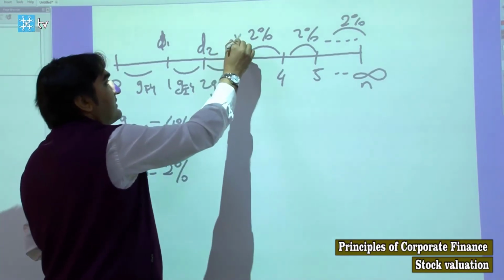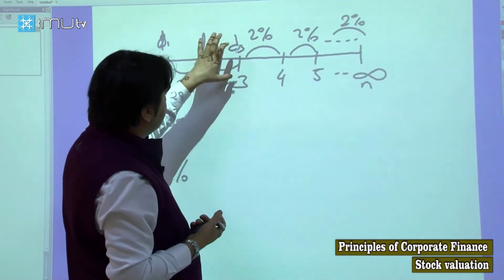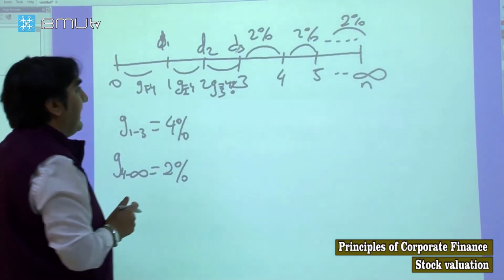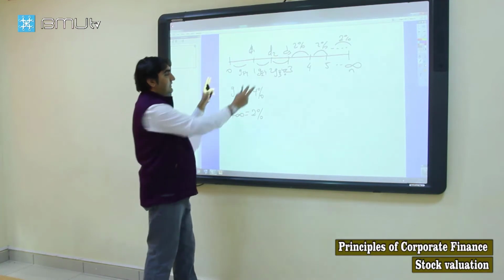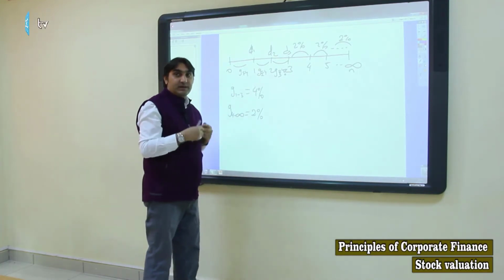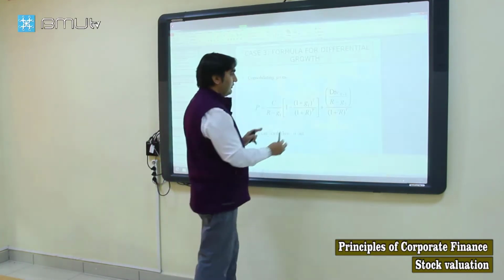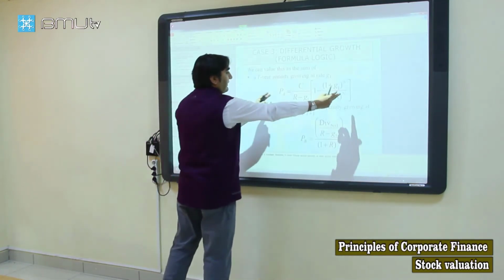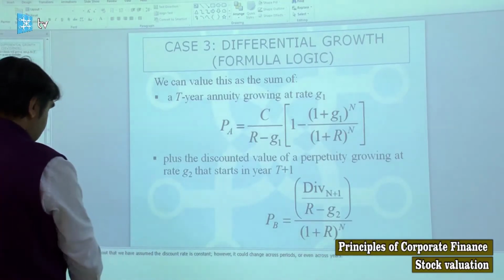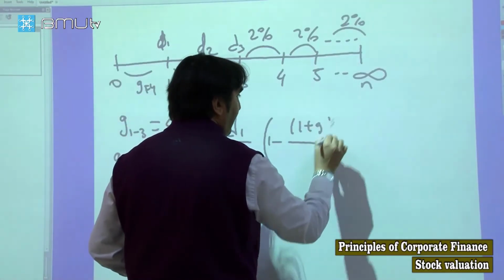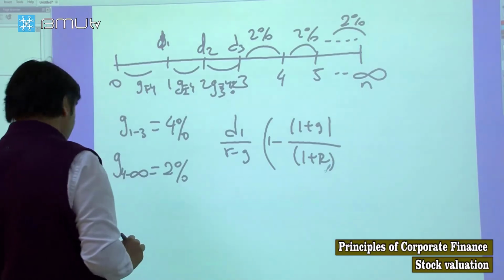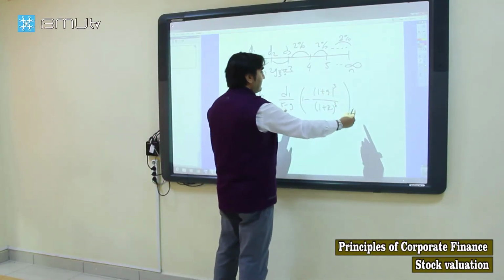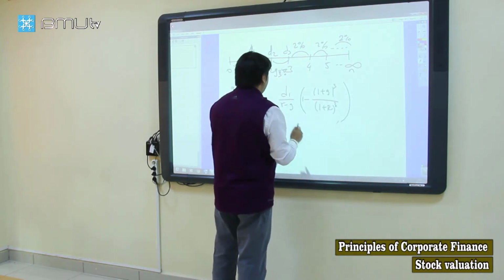All we need to do is find the dividends after this growth and find their present value. So for the first 3 years, we see that it's a growing annuity formula, and only this part is the growing annuity formula for the first 3 years.